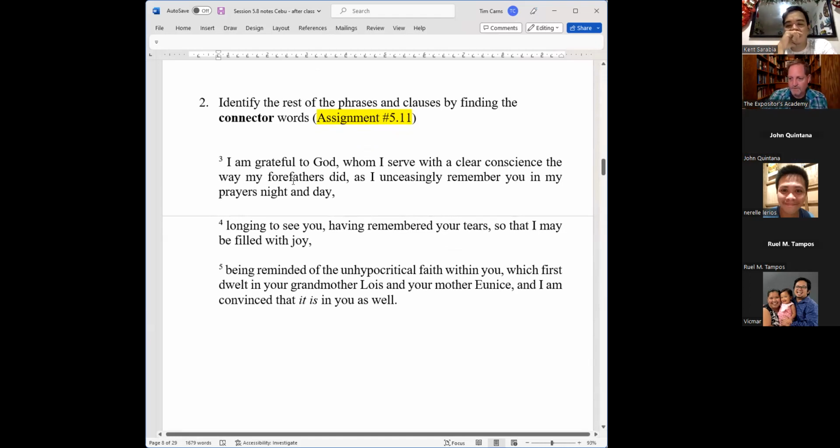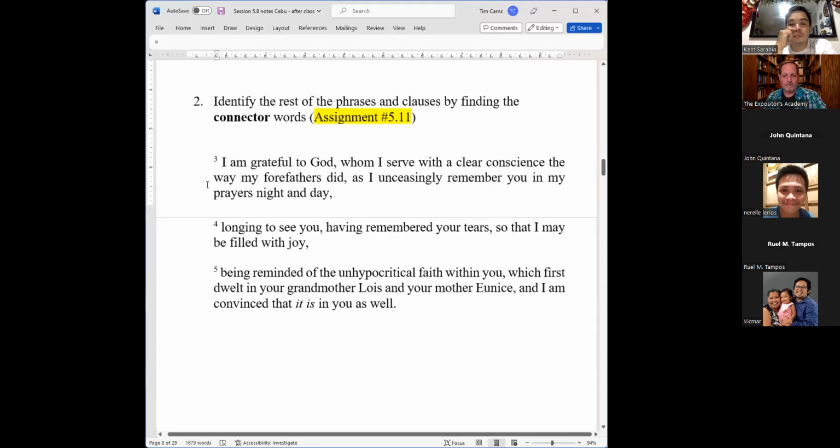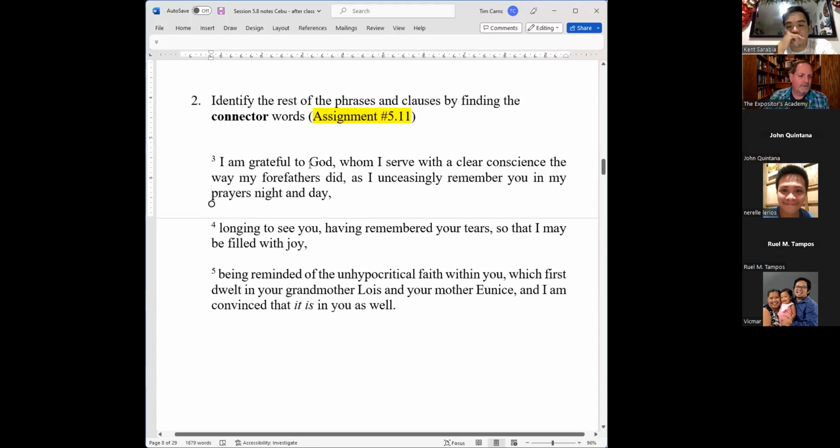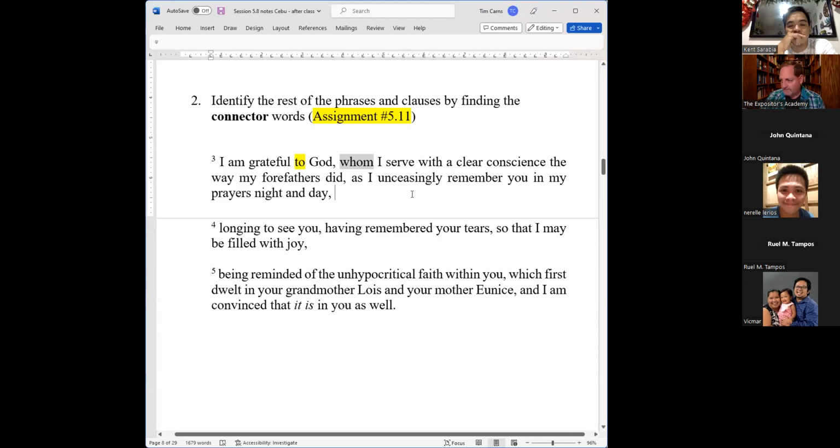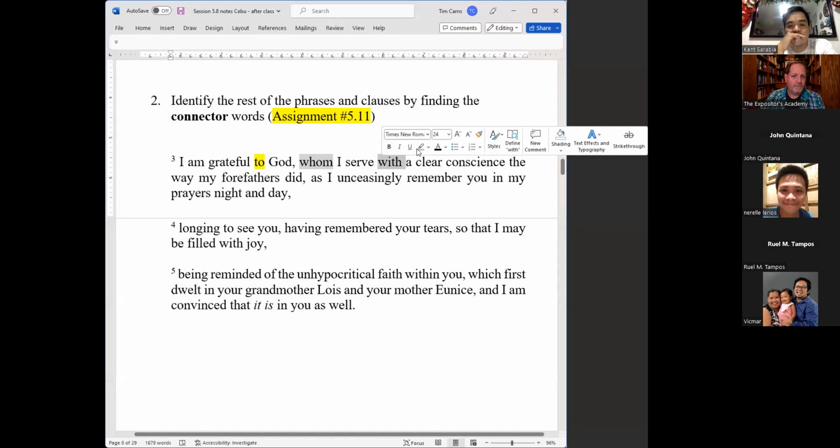Let me ask Joshua, if you're there, to identify the connector words that you see in verse 3. Are you there, Joshua? Okay. "To." And that's a preposition, right? "Whom." That's a relative pronoun. "With."